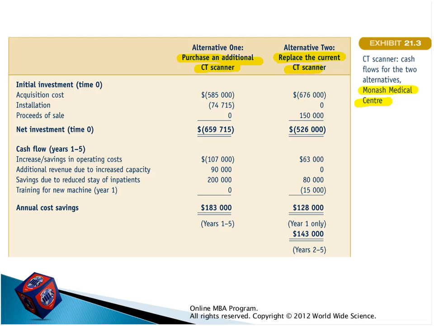Okay, let's see. So we have two different projects, and the managers have to make the analysis and evaluation of these two projects, and choose the best one from those two, the project which brings more profits. Let's see.